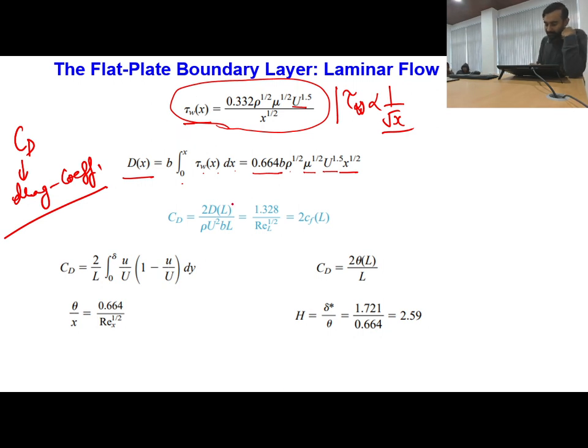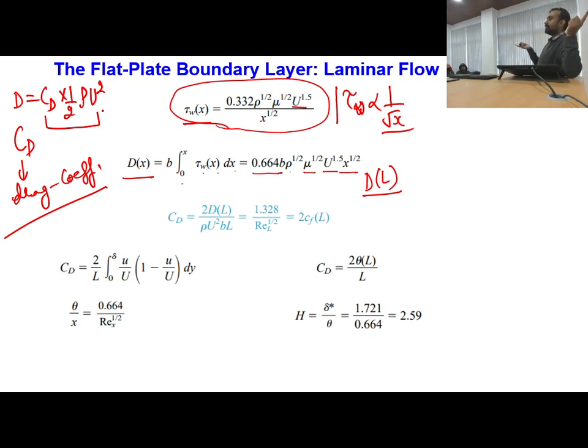If I calculate the drag force for the entire plate, it means D as a function of x integrated from 0 to L, and then I write that my drag force is equal to some drag coefficient times half rho u square. Up to this it becomes identical to shear stress. To calculate the drag force, we need to multiply by area also.